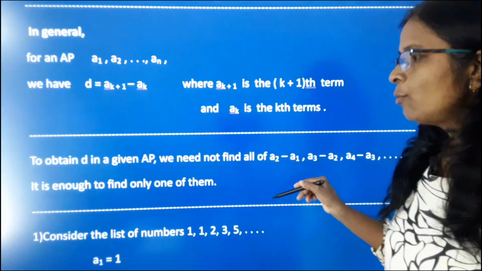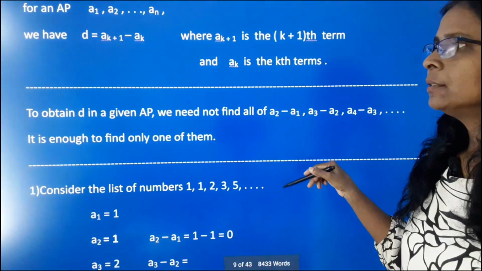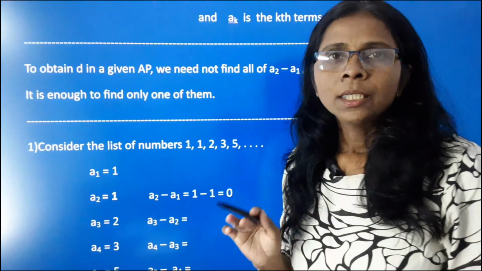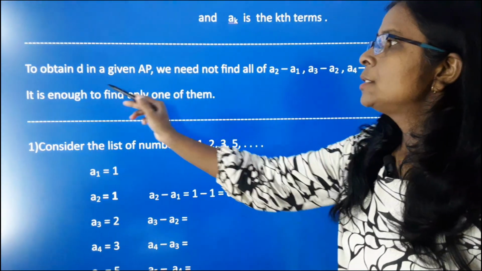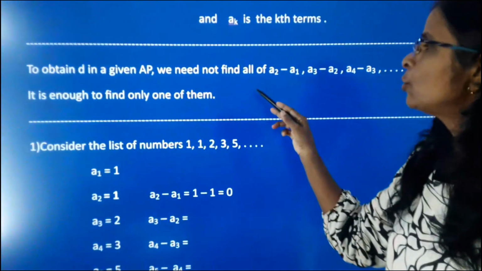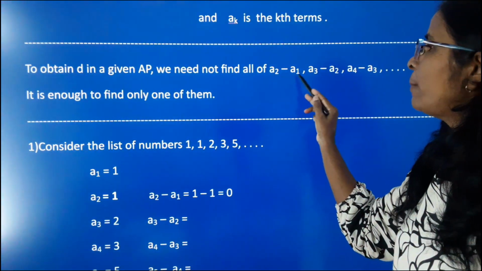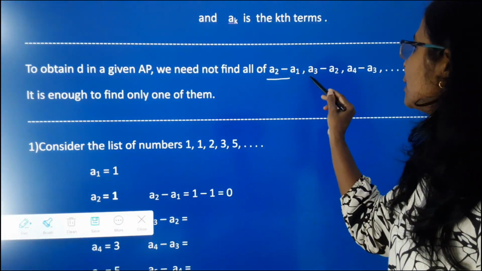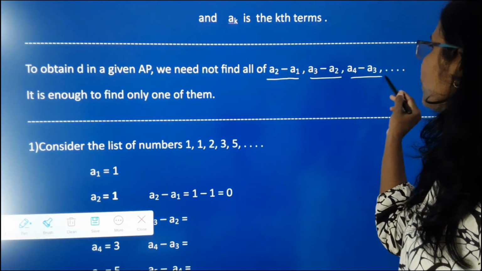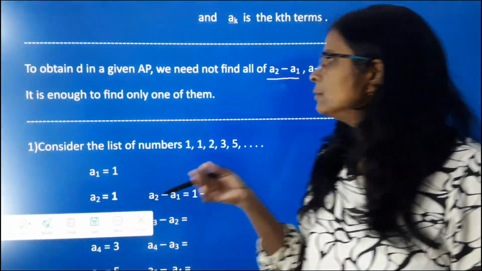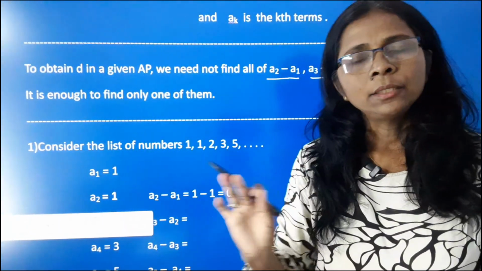Okay. So now, to obtain that D, note down this important point: to obtain D in a given AP, we need not find all of A2 minus A1, then A3 minus A2 and A4 minus A3. We only have to find one of them, and that is the common difference.